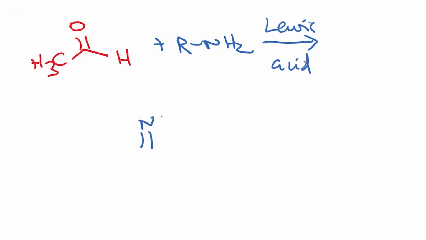So let's say this is the kind of product that we expect, and now we have 3 hydrogens present next to the imine. Okay, and just like the carbon-oxygen bond is electron withdrawing and you can produce an enolate, the carbon-nitrogen bond is also fairly activated towards deprotonation.